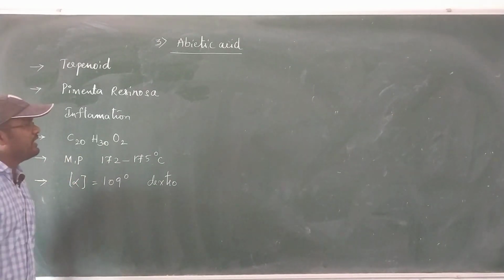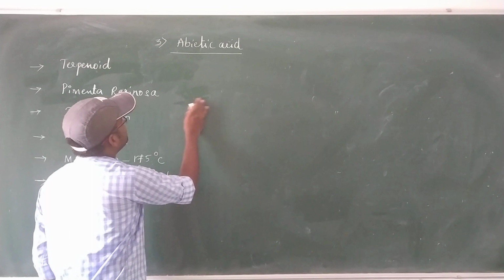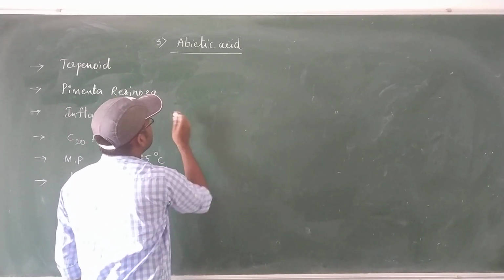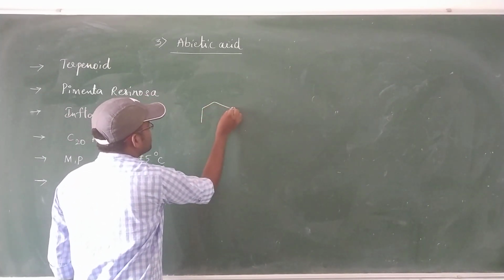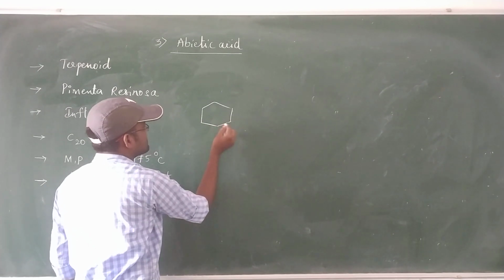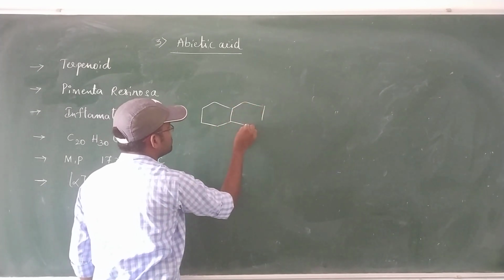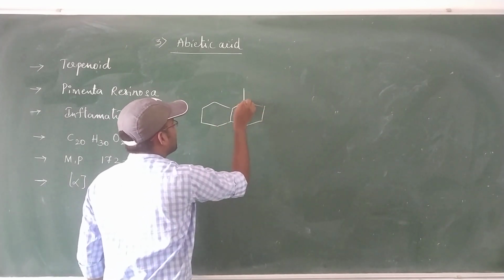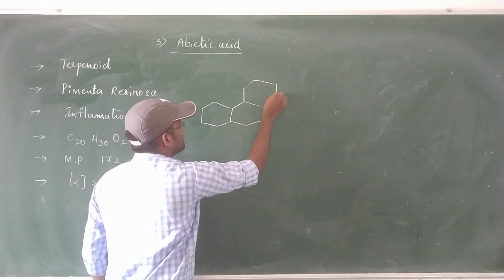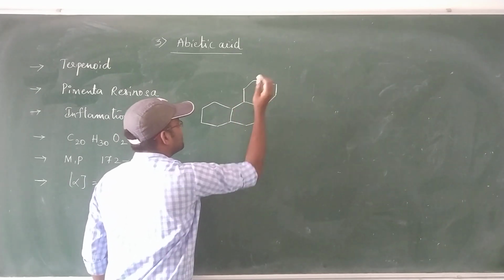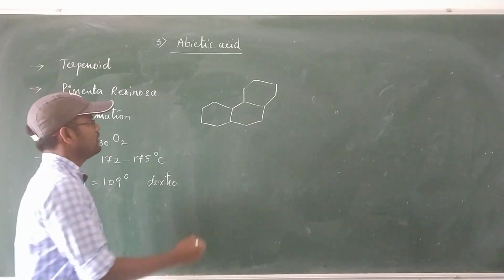According to the molecular formula, now let me construct the abietic acid structure. This is the first ring. The first ring is fused with a second ring, and the third ring is angularly fused with the second ring.